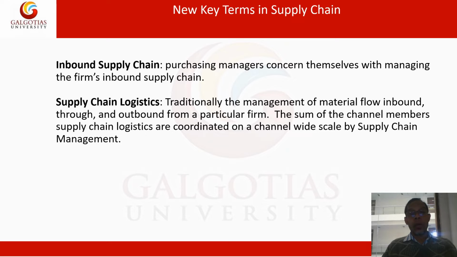What is being purchased from the supplier and is reaching the raw material and component warehouse for manufacturing, that is inbound supply chain, also known as inbound logistics. Supply chain logistics, traditionally the management of material flow inbound through the outbound of a particular firm. The sum of channel members' supply chain logistics are coordinated on a channel-wide scale by supply chain management.